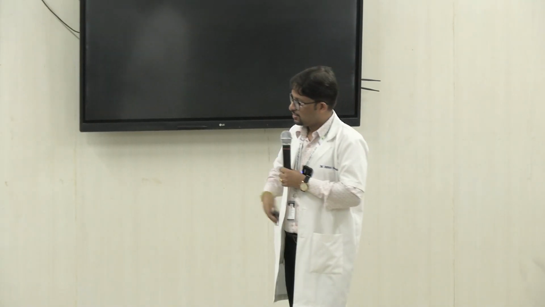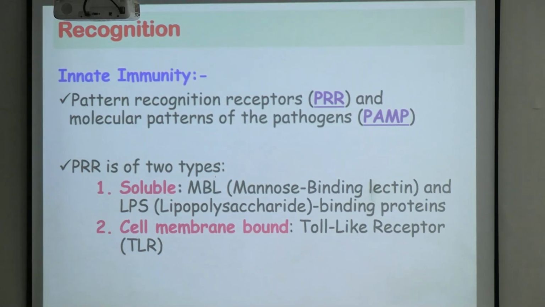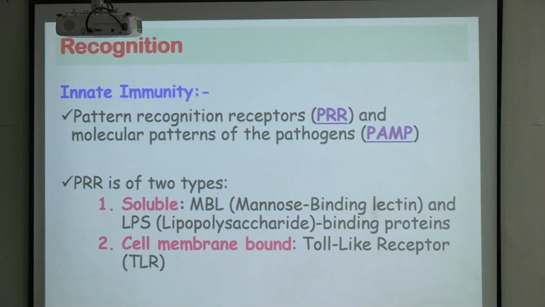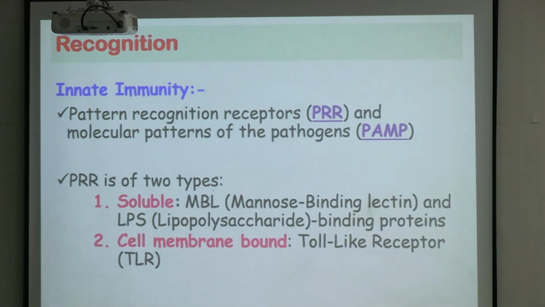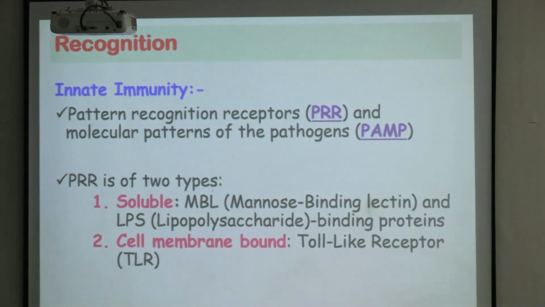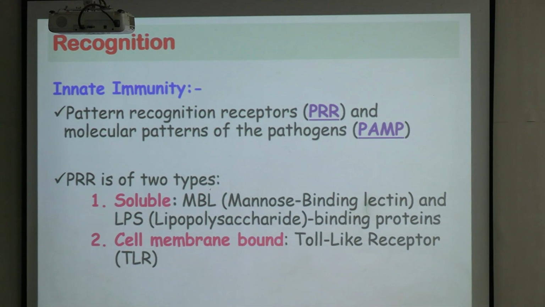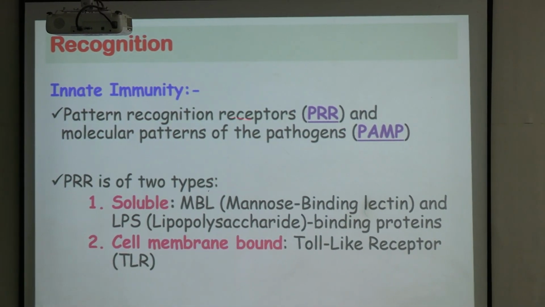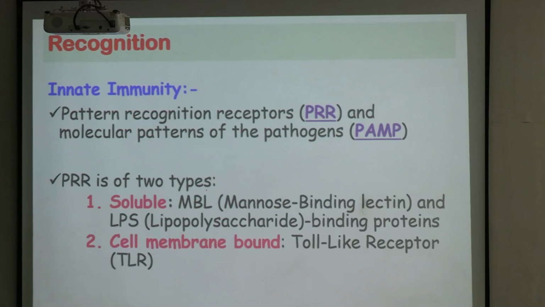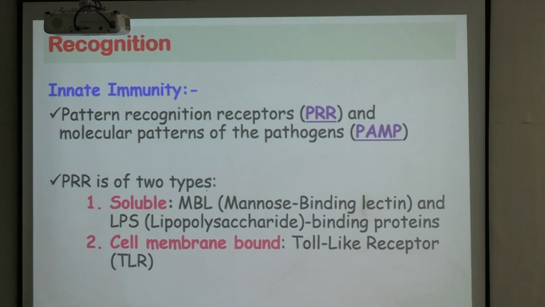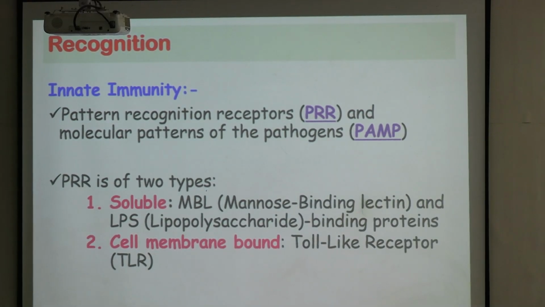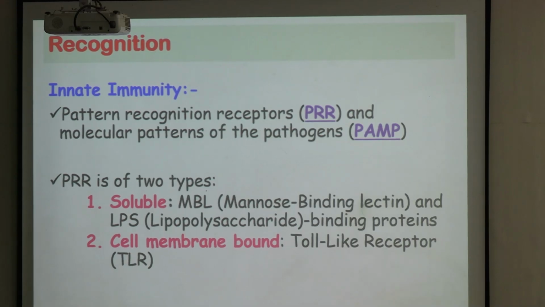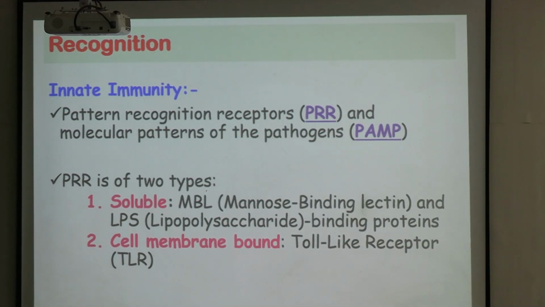The basic patterns. So these are two examples I've given here. Lipopolysaccharide is a part of the bacterial cell wall. Mannose is another component in cell membranes and cell walls which can be recognized by different cells of the immune system. So these PAMPs are recognized by the receptors of the innate system. These receptors are pattern recognition receptors, PRR.